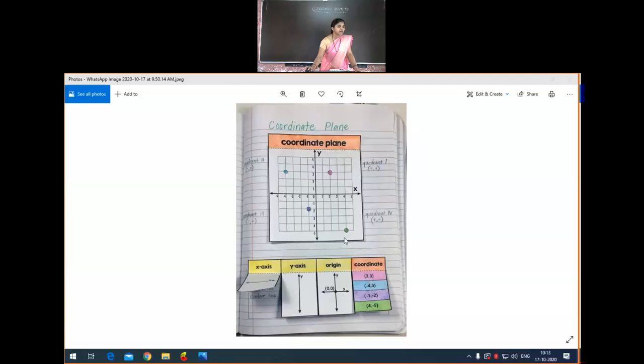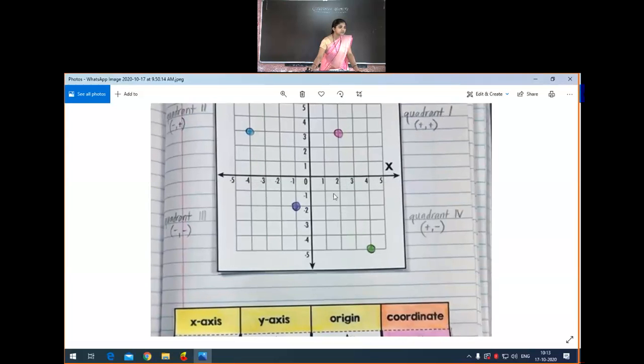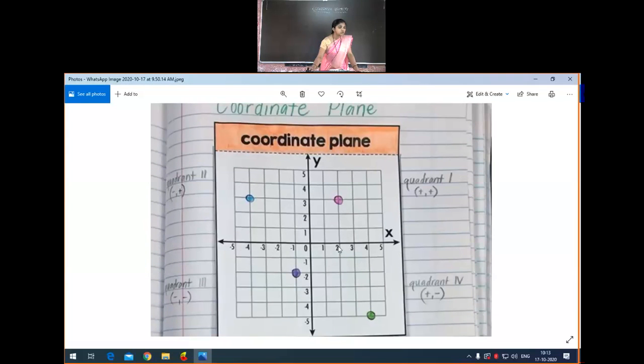Where can we mark 2, 3? Observe this graph paper. For 2, 3, the x coordinate is 2 and the y coordinate is 3. The point is here, the pink dot. This is the location of 2, 3, the point representing the coordinates 2, 3.